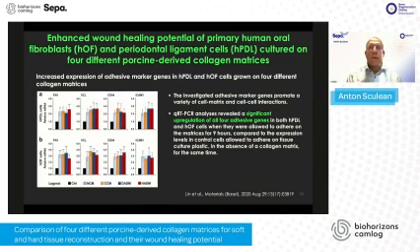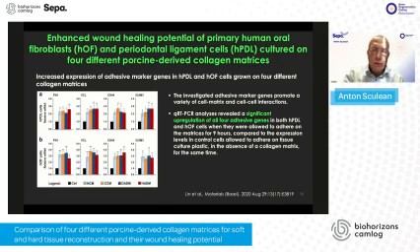And when we look now at some increased expression of adhesive marker genes in human periodontal ligament fibroblasts and oral fibroblasts, then again we can observe that this analysis revealed a significant upregulation of all 4 adhesive genes over these matrices.